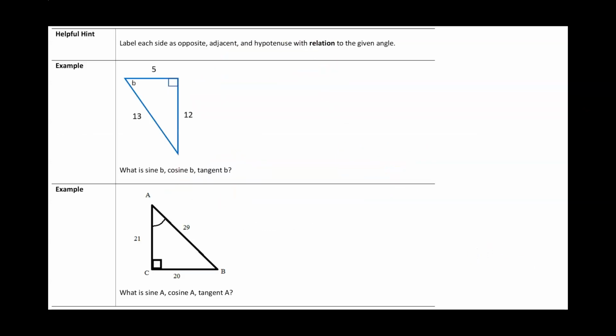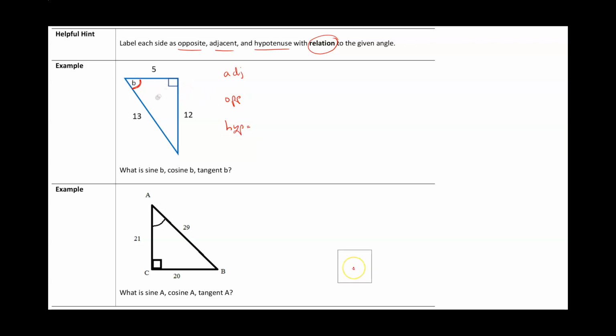Helpful hint: label each side as opposite, adjacent, or hypotenuse in relation to the given angle. That'll help you find these ratios. We want to find the sine, cosine, and tangent of angle B. We're looking at this from angle B. Before doing anything else, let's first label the adjacent, the opposite, and the hypotenuse.